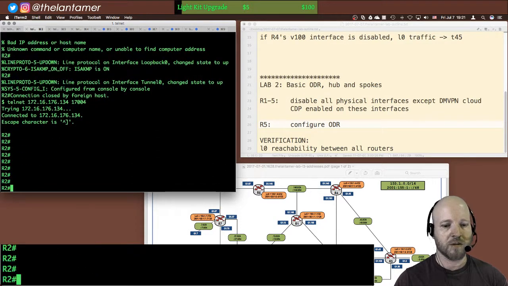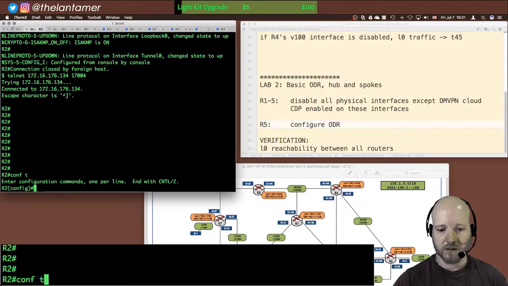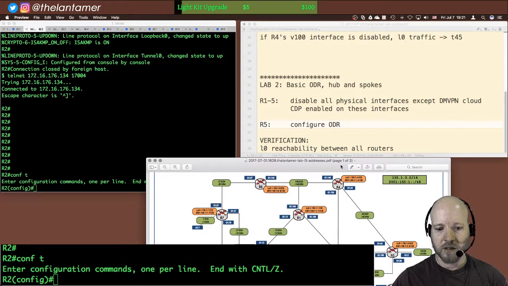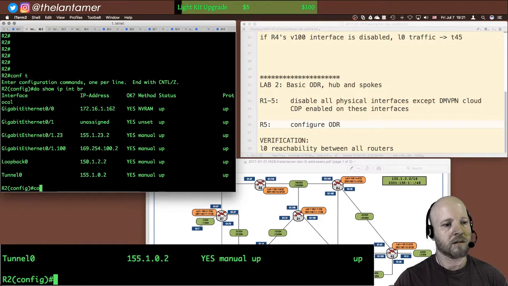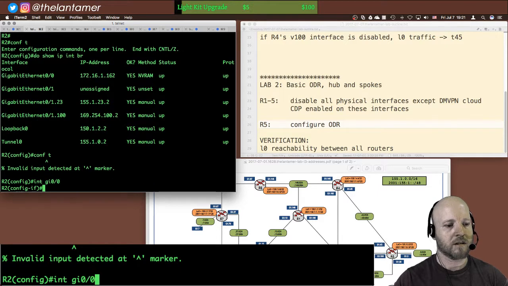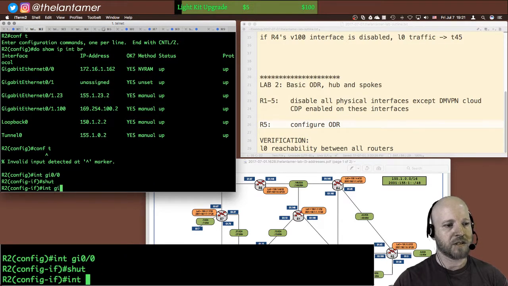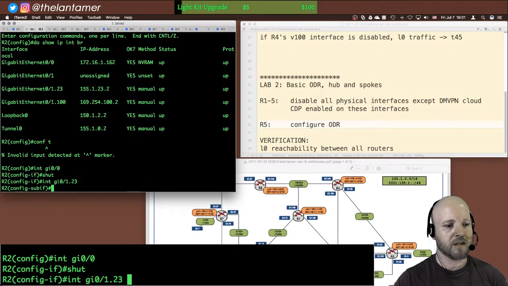Router 2. Same deal, fewer actually. Interface G0/1, 2, 3, shut.